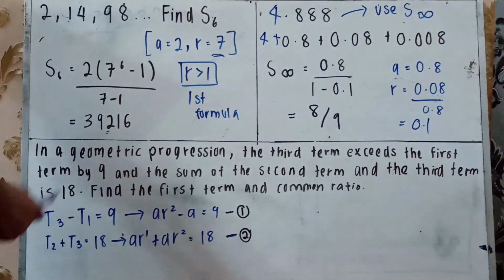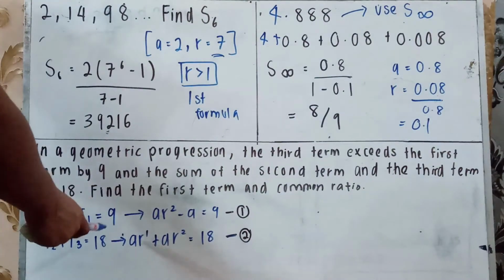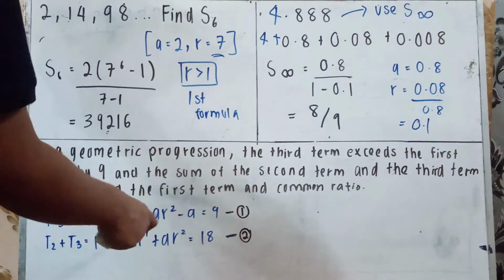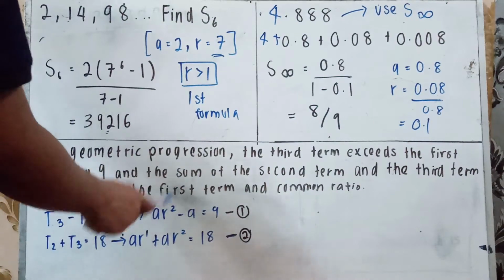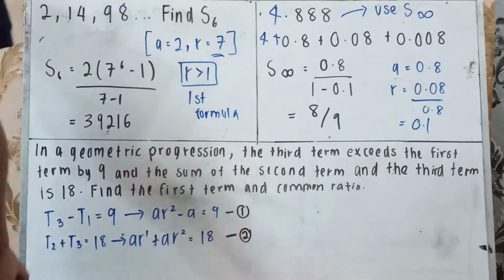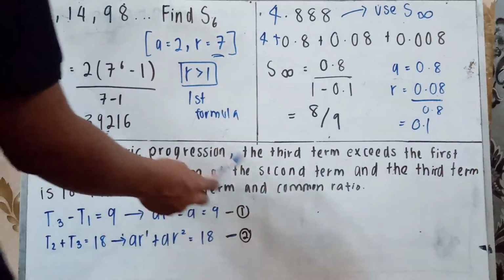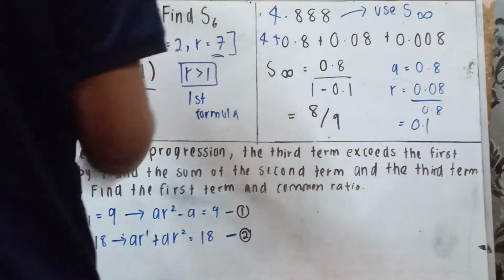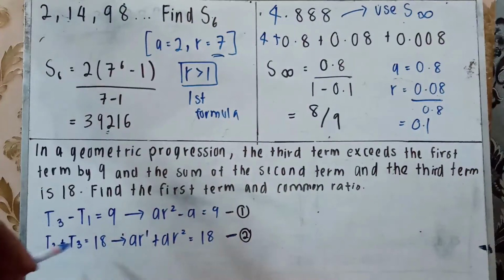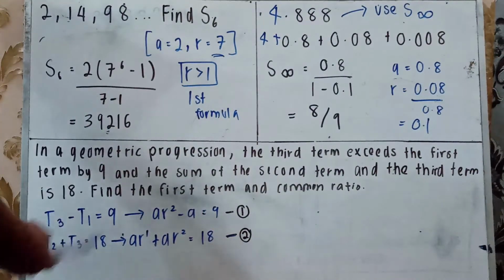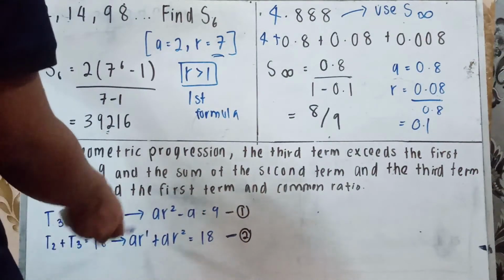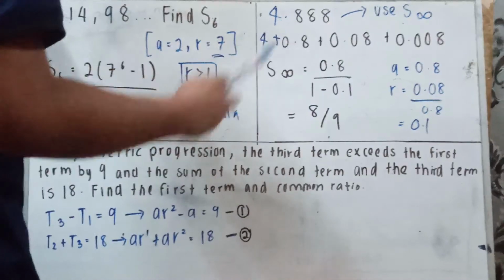So T3 minus T1 equals 9. Transfer it into the form of AR to the power of 2 minus A equal to 9. And it told us that the sum of the second term and the third term is 18. So just do the same. T2 plus T3 equal to 18, which means AR plus AR squared equal to 18.